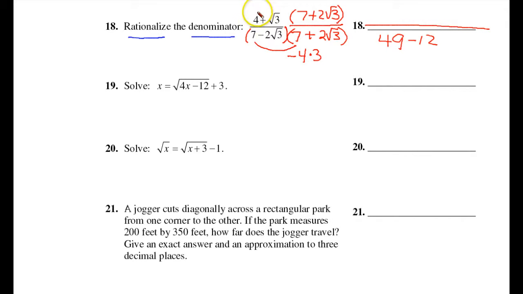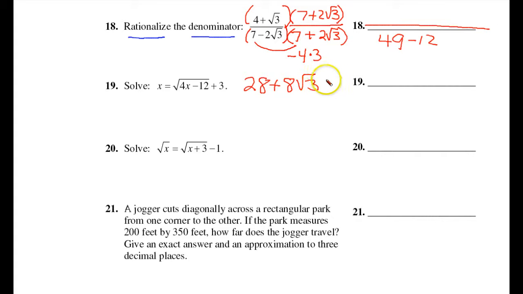Now we FOIL our top here. 4 times 7 is 28. Now our outers will be plus 8, the square root of 3.